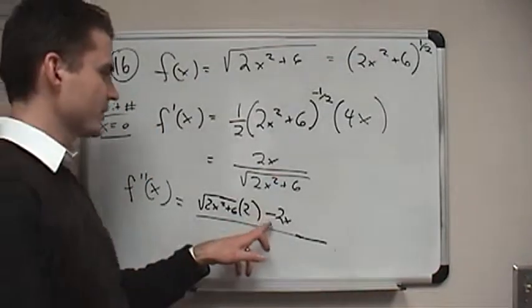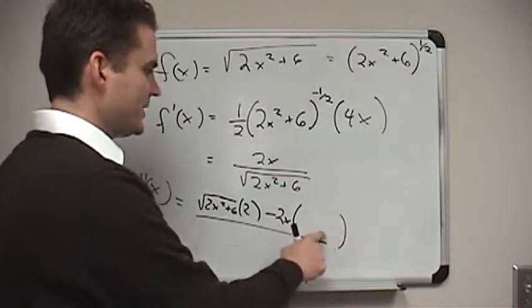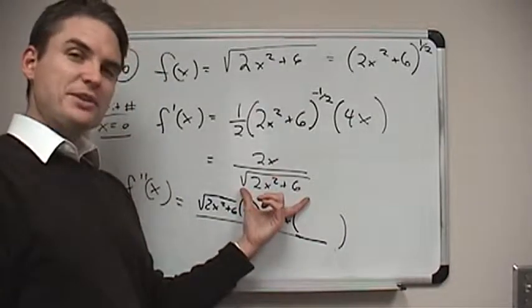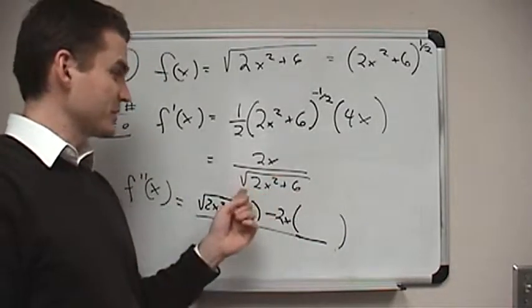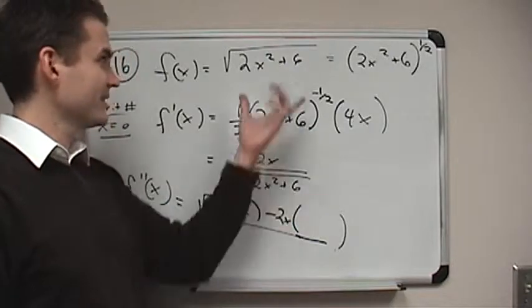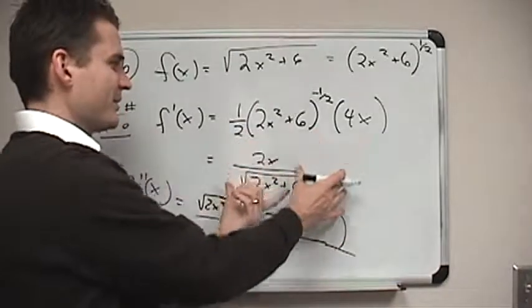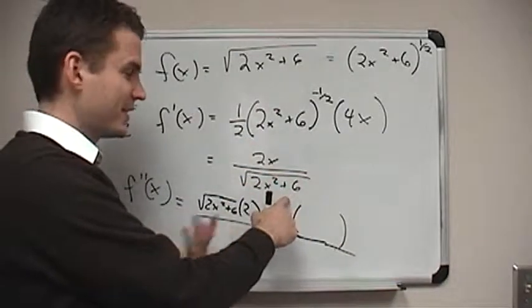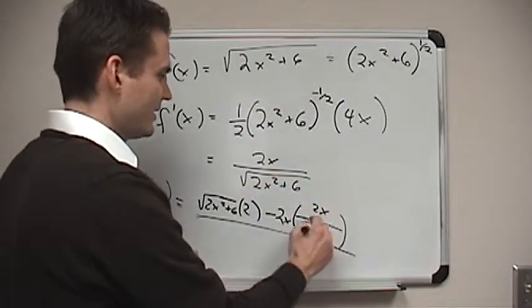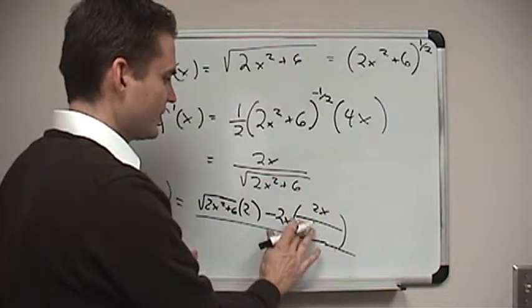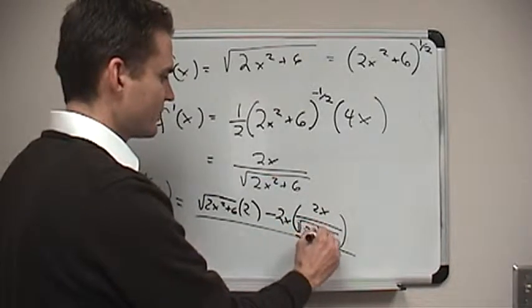So the numerator times the derivative of the denominator. Well, actually, we already computed the derivative of the square root of 2x squared plus 6, right? That's what our first derivative was. So actually, this whole thing is the derivative of the denominator, 2x over square root of 2x squared plus 6.